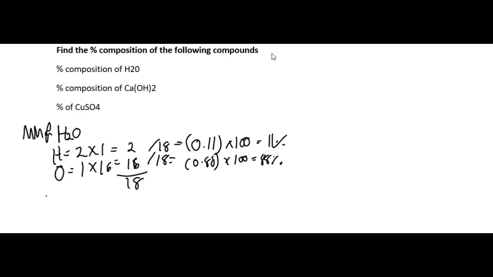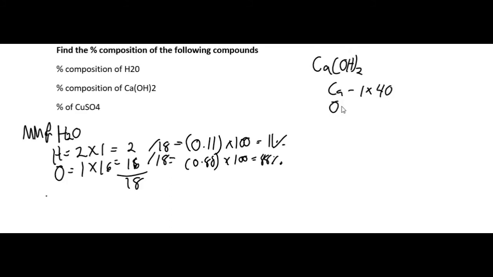Composition of calcium hydroxide. So we have this. Calcium hydroxide. So we only have one calcium, and the atomic mass of calcium is 40.